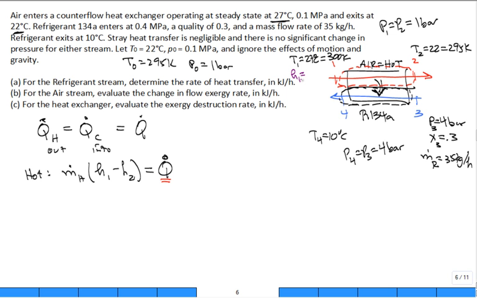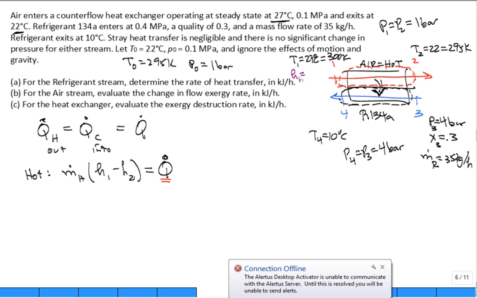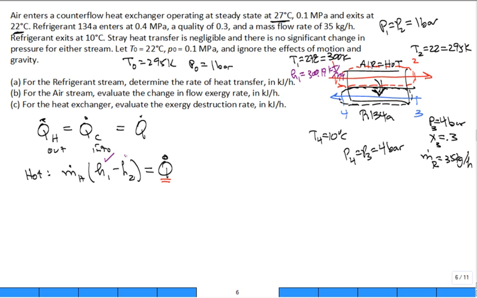Table A22, and you can look up the enthalpy at 300. What is the H? Yep, it's 300.19 kilojoules per kilogram. Likewise, you can get H2, and H2 at 295 is 295.17 kilojoules per kilogram. So both of those are known.